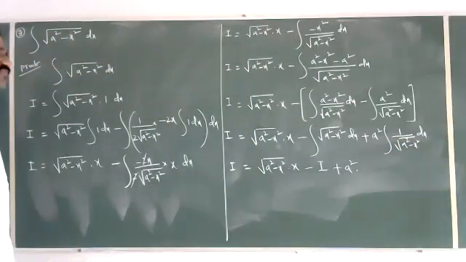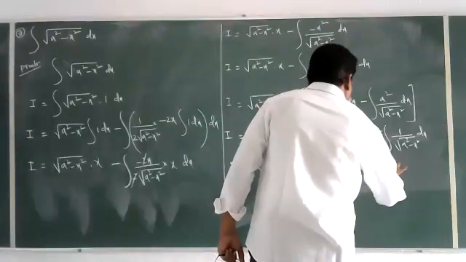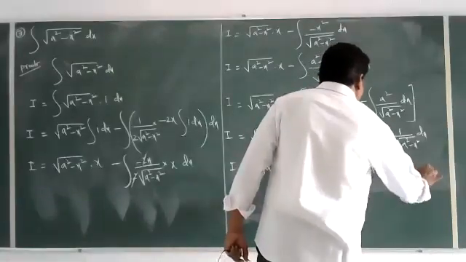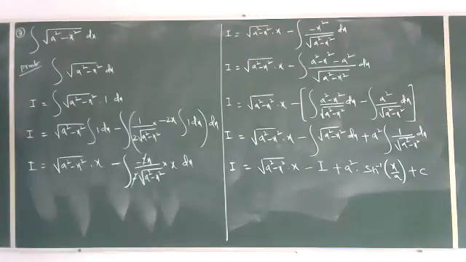Integration of 1 by root of a square minus x square is sin inverse x by a plus c. So a square into sin inverse x by a plus c.